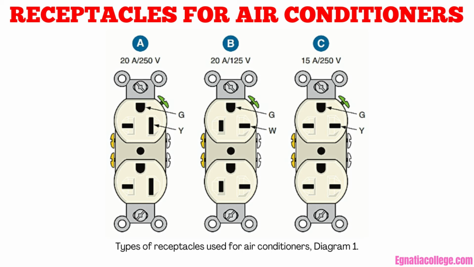B. A 20 ampere, 125-volt receptacle for use with a 120-volt air conditioner circuit. And C. A 15 ampere, 250-volt receptacle for use with a 240-volt installation. Diagram 1 illustrates the many different voltage/ampere receptacle configurations.